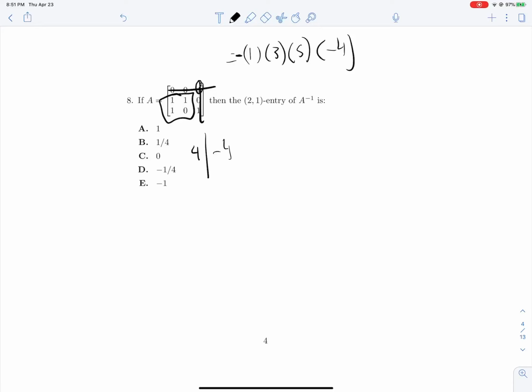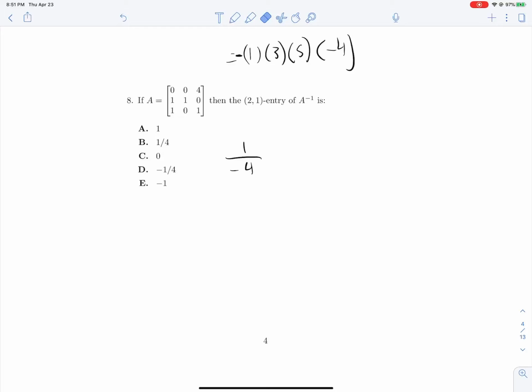That's a negative 1. So our determinant is negative 4. Any individual element of our inverse will be multiplied by 1 over our determinant, so 1 over negative 4.